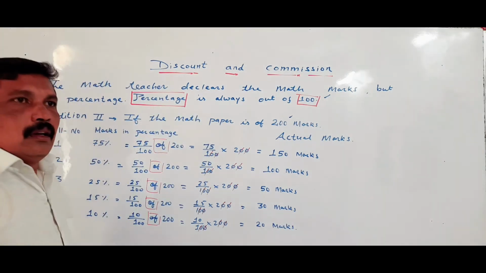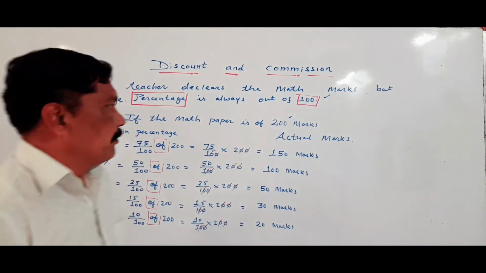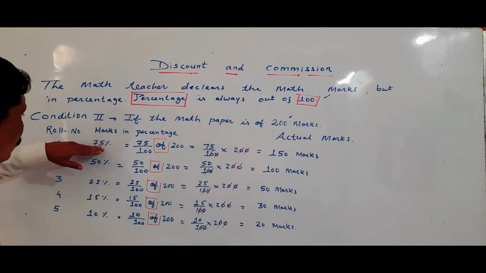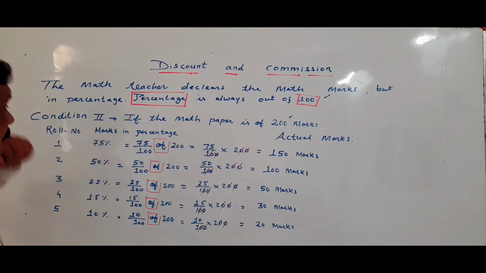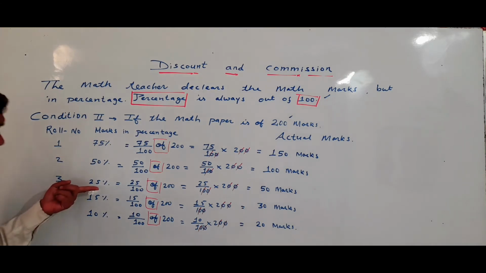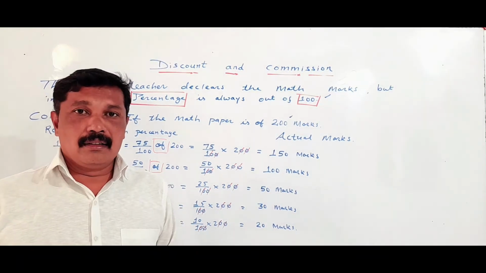Now my dear student, from this example, we have learned that if roll number 1 has scored 75%, roll number 2 has scored 50%, roll number 3 has scored 25%, roll number 4 has scored 15%, roll number 5 has scored 10%.